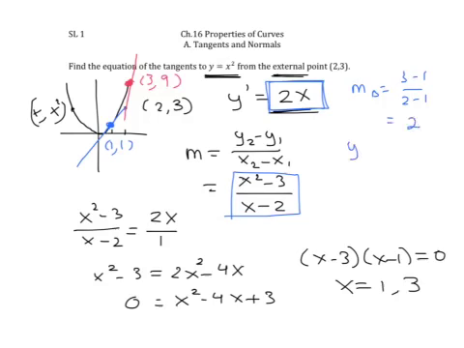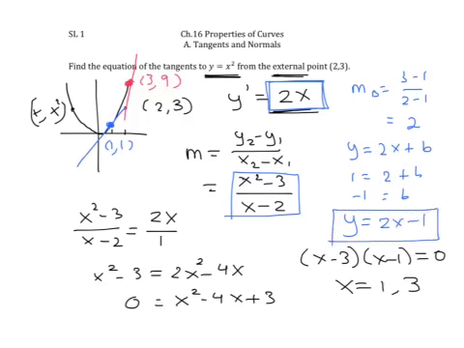So y is equal to 2x plus b. And we know it must pass through (1, 1). So we have 1 is equal to 2 plus b, and b has to be negative 1. Right? So y is equal to 2x minus 1 is going to be one of the equations for a tangent line.